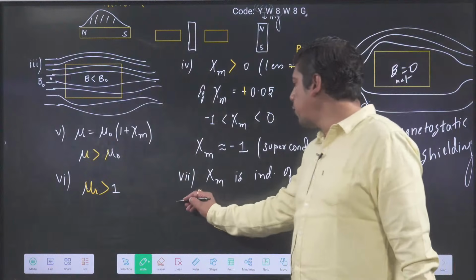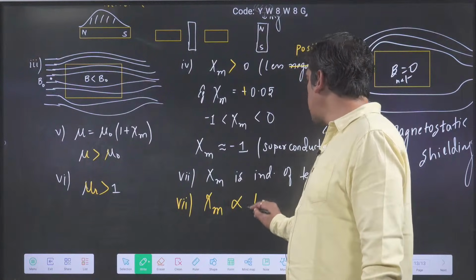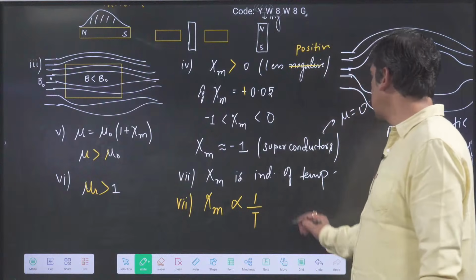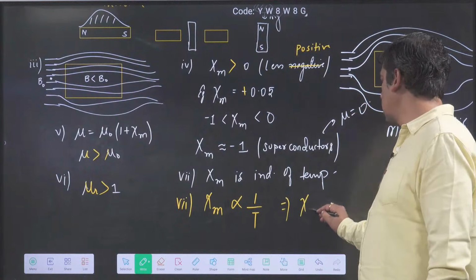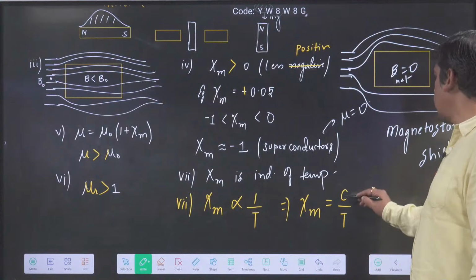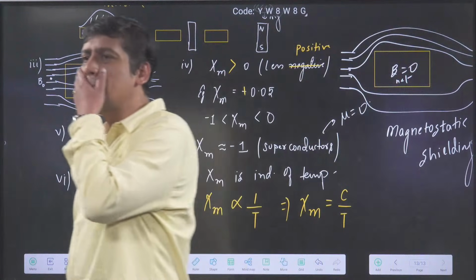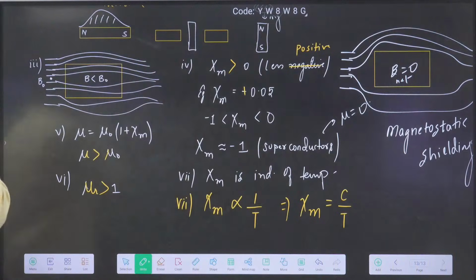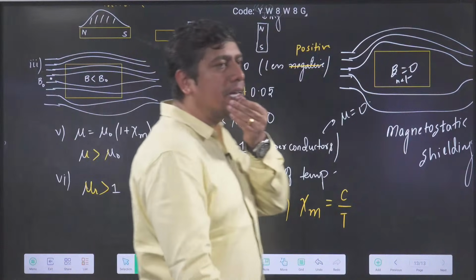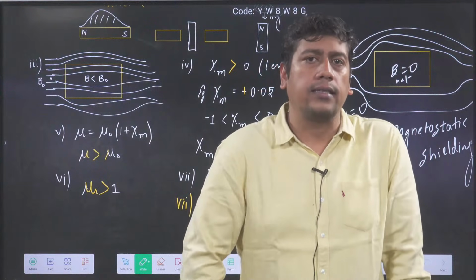And the seventh point is that susceptibility is inversely proportional to temperature. Remove the proportionality sign: it will be C by T, where C is known as Curie's constant. When you increase the temperature, susceptibility will decrease.